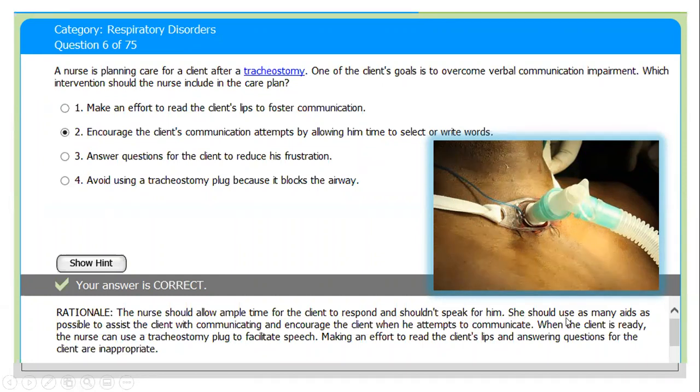She should use as many aids as possible to assist the client with communication and encourage the client when attempting to communicate. When the client is ready, the nurse can use a tracheostomy plug to facilitate speech. Making an effort to read the client's lips and answering questions for the client are inappropriate.